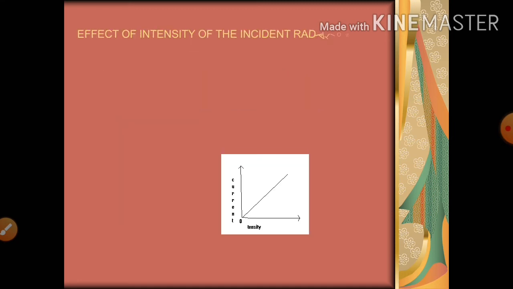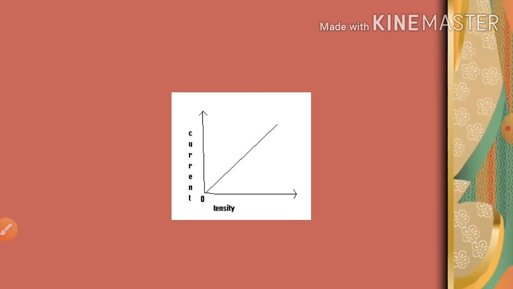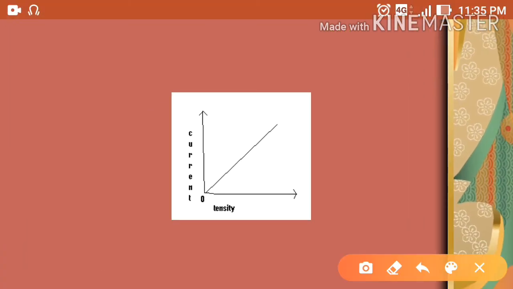Now, effect of intensity of the incident radiation on photoelectric current. In this graph, you can see this is the intensity and this is current.